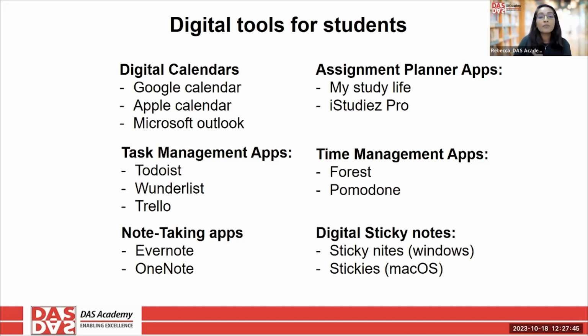For older learners, you might look for assignment planner apps like My Study Life. It's designed specifically for students, and this app allows users to track assignments, exams, and class schedules. iStudiez Pro offers assignment tracking, a schedule planner, and grade tracking as well. So this might be helpful for older learners who have several assignments to complete.